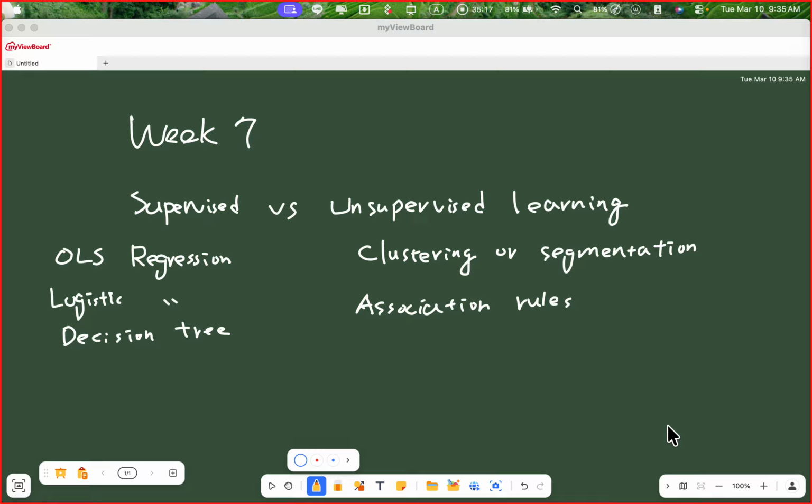Try to remember from last week. Unsupervised, like something that is not categorized, or like, how to say, like let them learn by themselves. Like we put the information in and let the machine learn by itself.